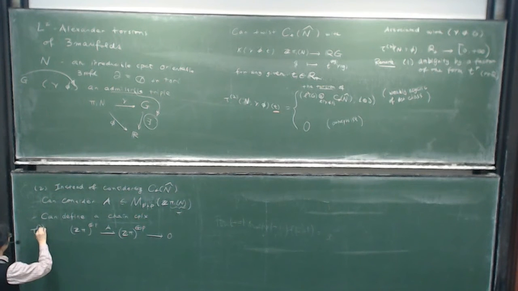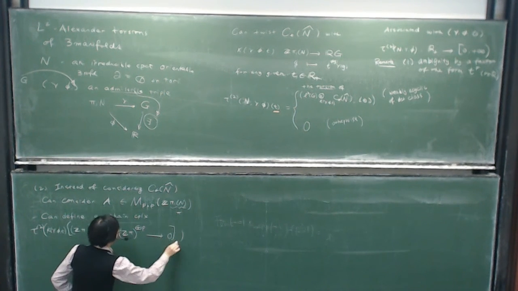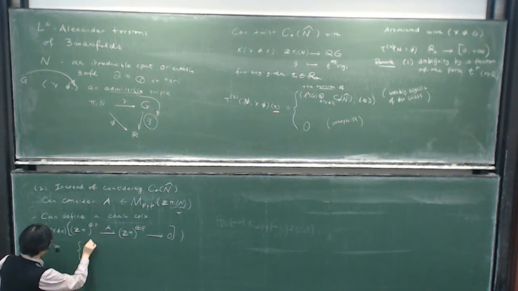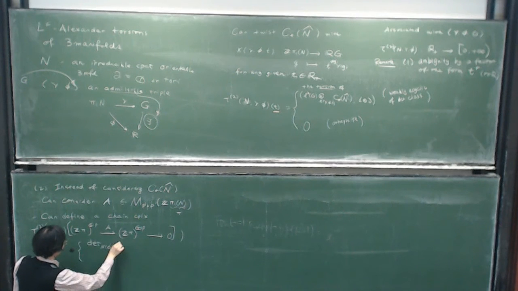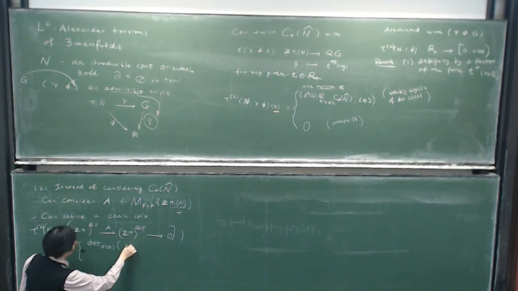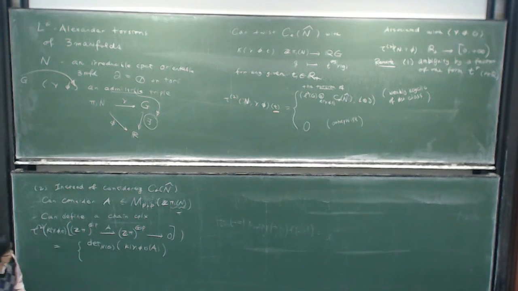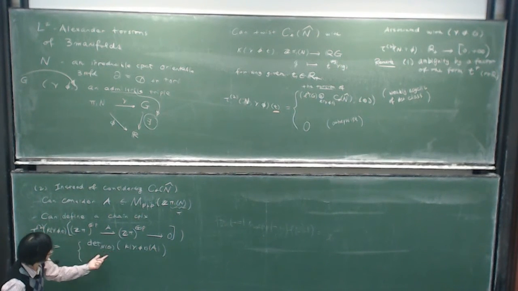You just take the torsion for this chain complex, and it turns out this is equal to the usual Fuglede-Kadison determinant valued in G of the twisted matrix A, which has entries inside this group ring.